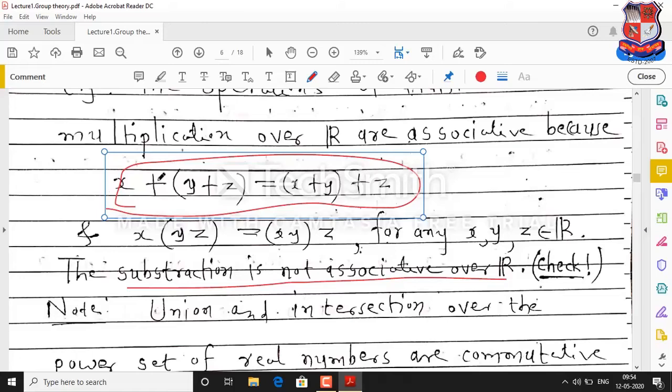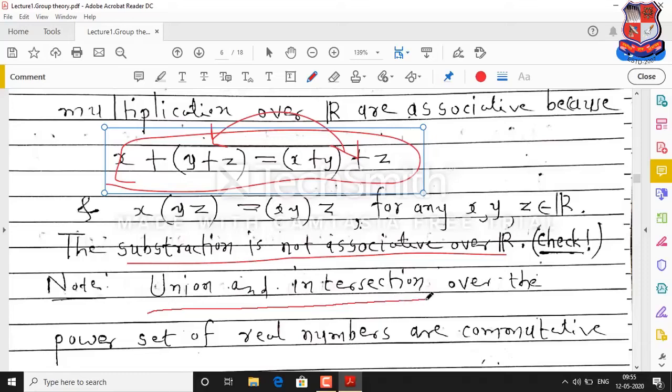You can check: instead of addition, here you can put a negative sign. So you can always find three real numbers such that these two are different. So if you want to show that subtraction is not associative, you can consider particular numbers x, y, z and show that this property is not satisfied.